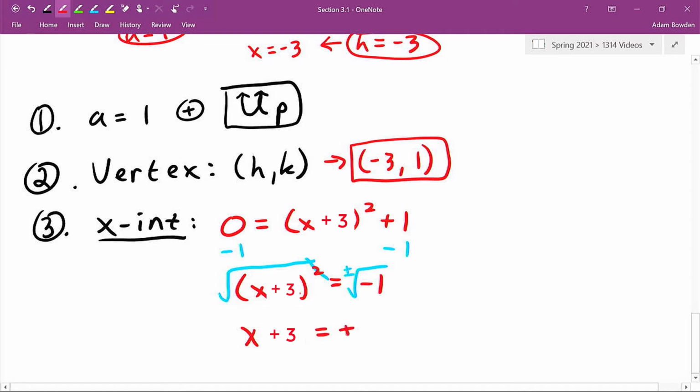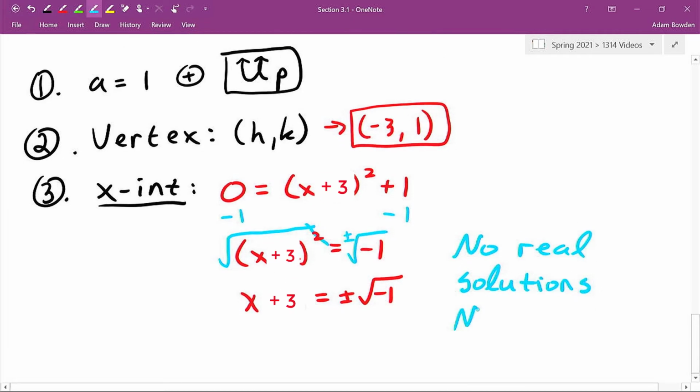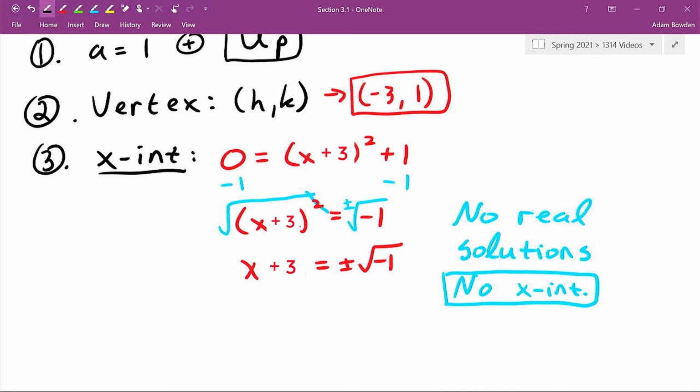But on the other side, we're going to be seeing a square root of negative 1. As a result, we can say that there are no real solutions to the equation that we're trying to solve, which actually tells us that there are no x-intercepts here. We can still try to find the y-intercept, however.